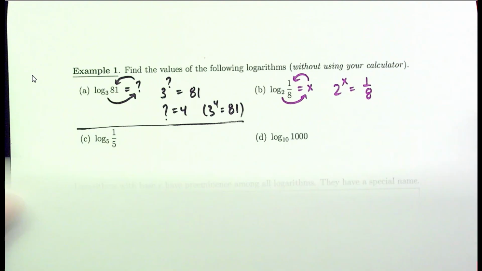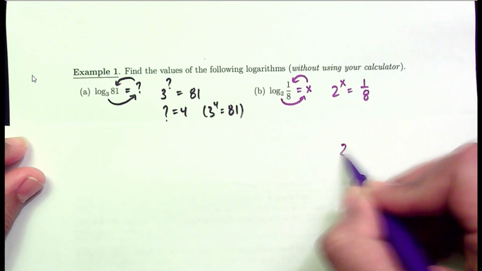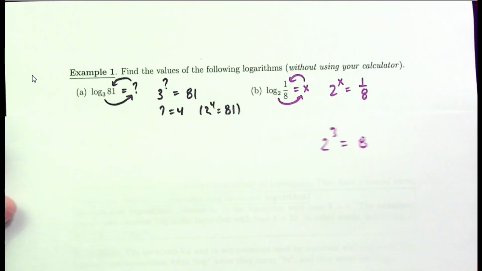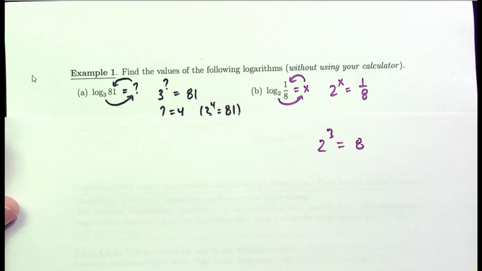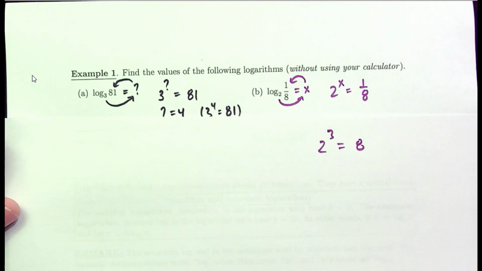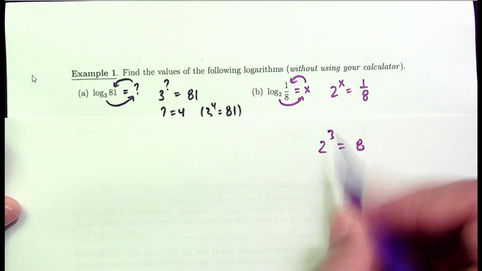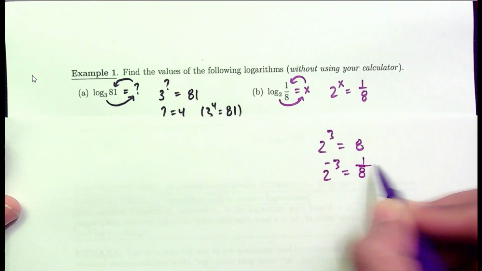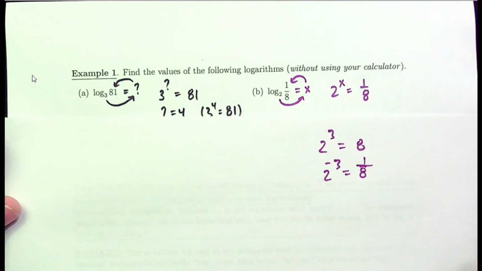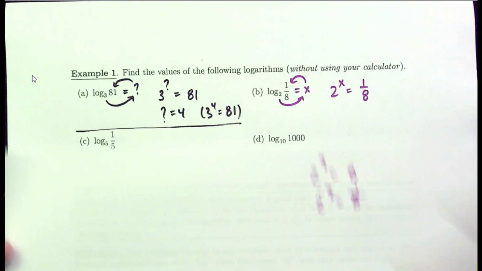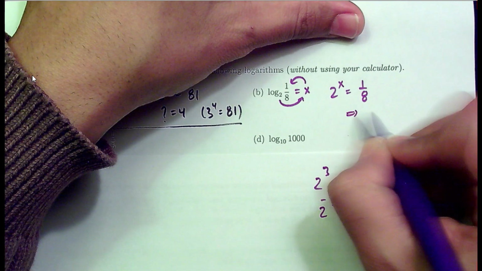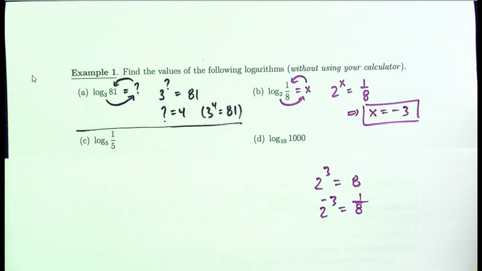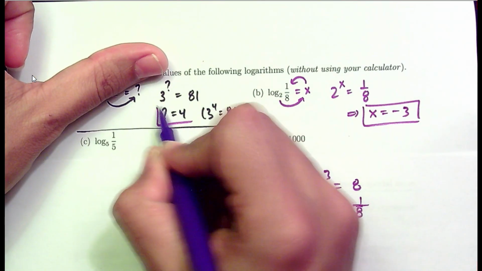It is not 3, because if you put 3, you get 8. 2 to the 3 is 8, it's not 1/8. So the fact that it's flipped means that it should be a negative exponent. 2 to the negative 3 is actually 1/8, because you flip and then you cube. So negative 3 is the number that should be there. So x equals negative 3. And this one, the answer was 4 there.